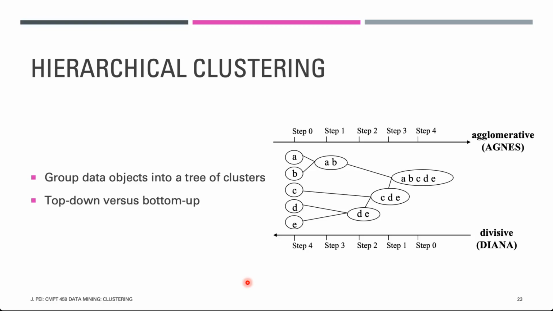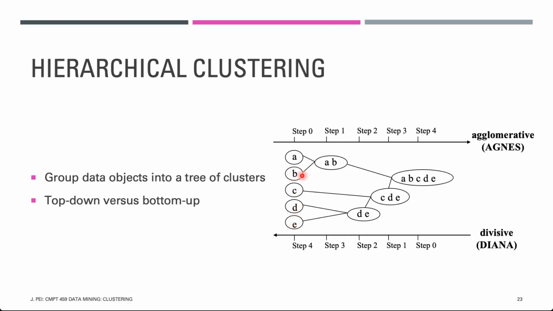To build hierarchy, essentially, we are trying to group data objects into trees of clusters. For example, here, we can see that this is the set of all objects. Then we have different subsets at different levels, and each subset may be further partitioned into smaller subsets.